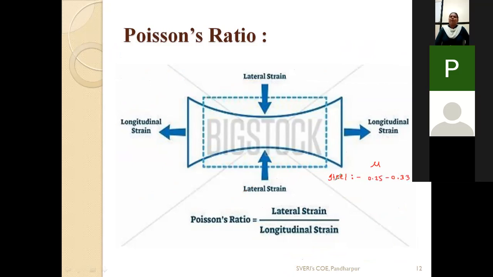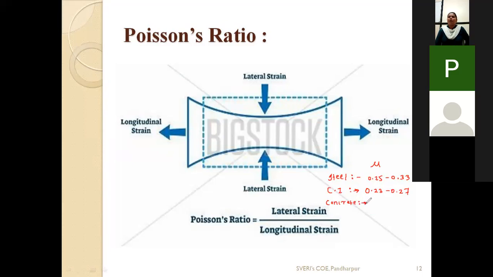When you are solving problems, you choose the value of Poisson's ratio for steel in between 0.25 to 0.33. Then the second material is cast iron. For cast iron, mu is 0.23 to 0.27.